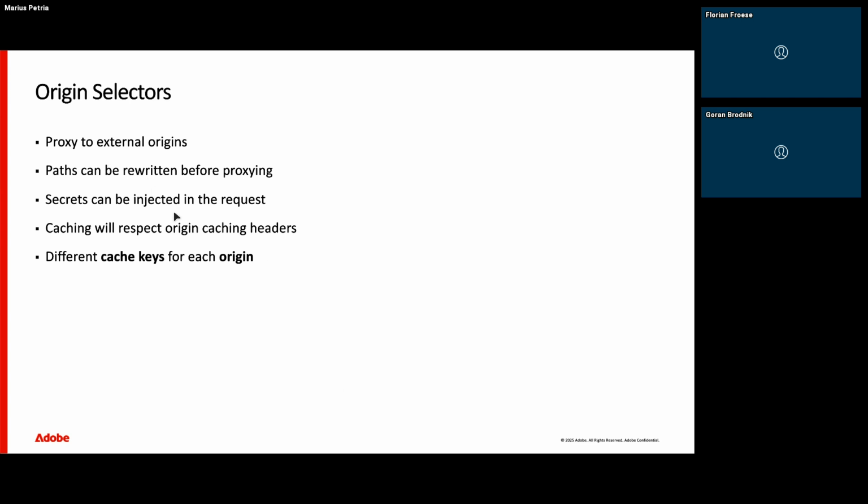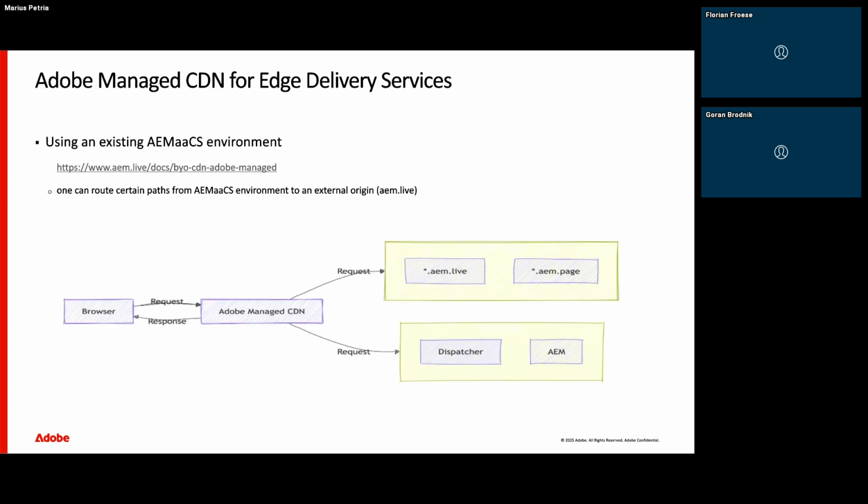Okay, now the next feature I would go through is the origin selectors. This was a very highly requested feature to proxy requests to different origins. There are some properties here, but I think I have to rush a little bit through the presentation. What's important is that you can define an external origin, and then you can select it for different paths of your application.